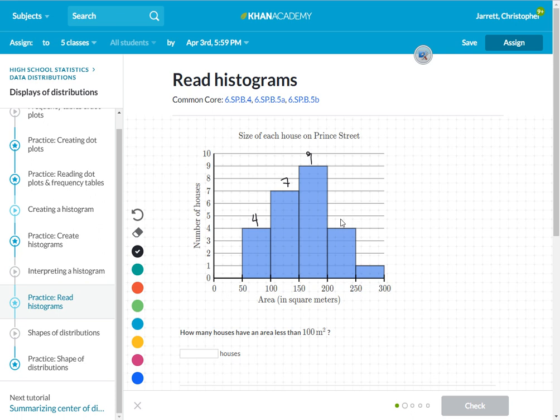There are 4 houses between 200 and 250, and there is 1 house between 250 and 300 square meters. So they're asking how many houses have an area less than 100 square meters. Well, 100 square meters is right here. So in order for it to be less, it must be to the left. So the only houses that are less than 100 would be these 4 right here. So there are 4 houses less than 100 square meters.